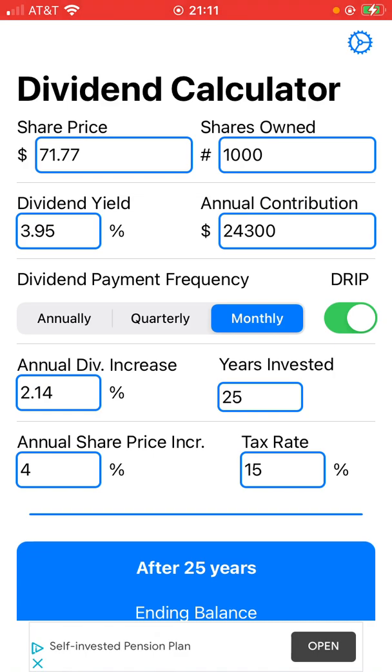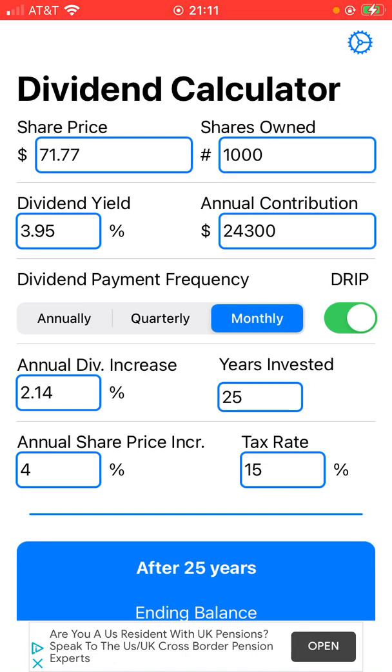The acronym is R for Romeo, E for Echo, I for India, T for Tango, and S for Sierra. So, REITs.